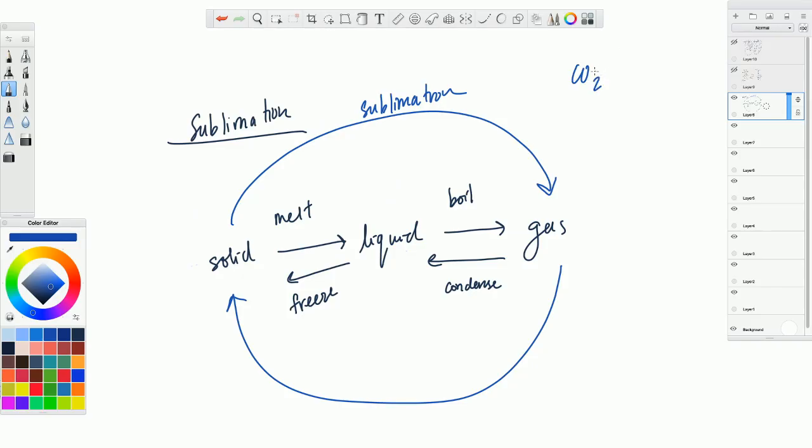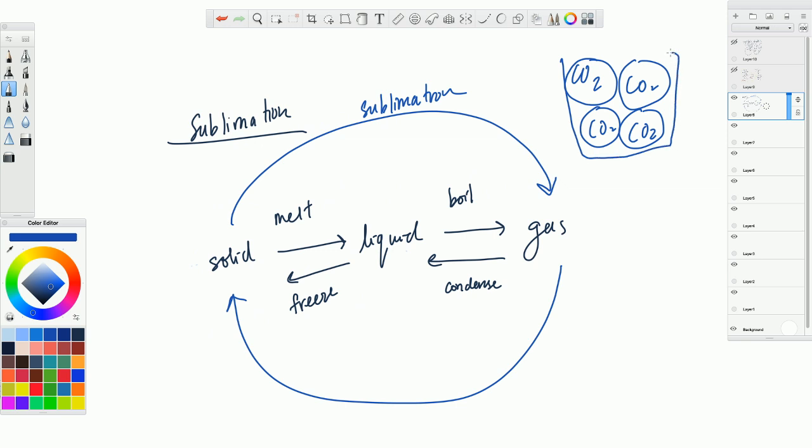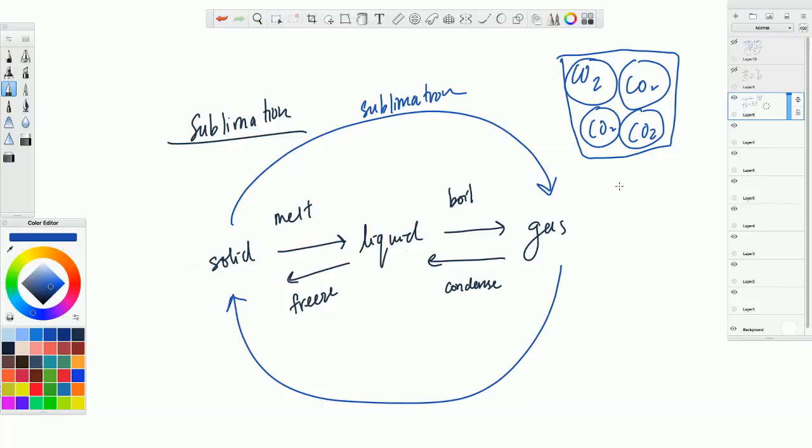Carbon dioxide, when it's solid, the carbon dioxide particles are close together. This is called dry ice. It looks and feels like ice, but it's much, much colder. It doesn't melt. When the temperature increases a little bit, the solid immediately evaporates and it doesn't become liquid. It immediately becomes carbon dioxide gas in the air.